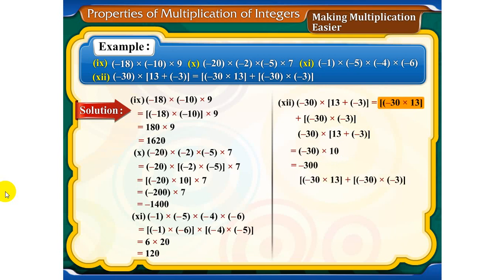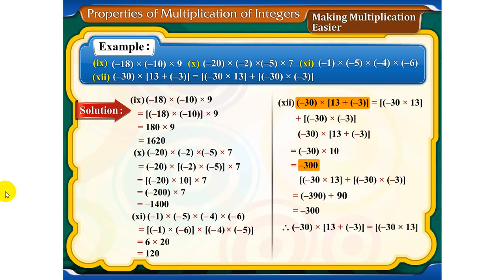And negative 30 multiplied by 13 plus negative 30 multiplied by negative 3 equals negative 390 plus 90, which equals negative 300. Therefore, negative 30 multiplied by 13 plus negative 3 is equal to negative 30 multiplied by 13 plus negative 30 multiplied by negative 3.